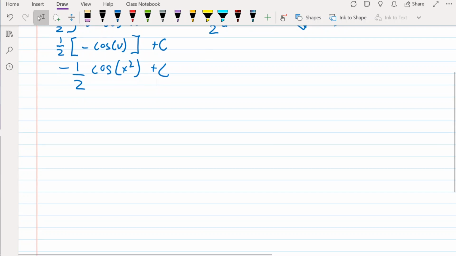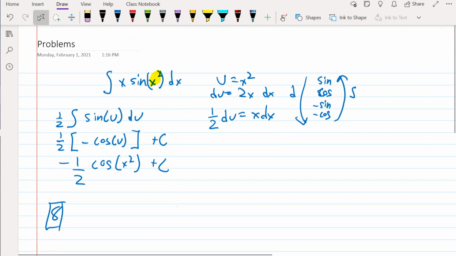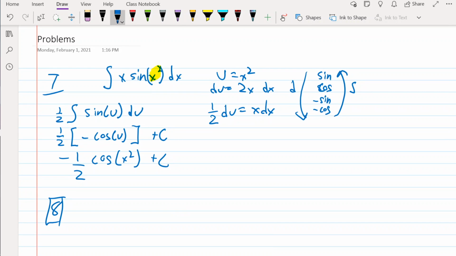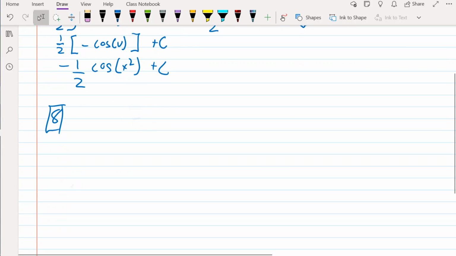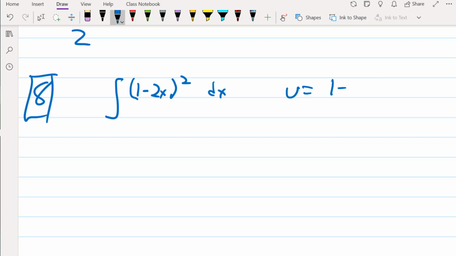For our next problem, we're going to do number 8, but it could be 9, from 5.5. It's a little hard to read because it was photocopied. The question is the integral of 1 minus 2x, all of that squared, dx. We need to determine u, which will be 1 minus 2x.